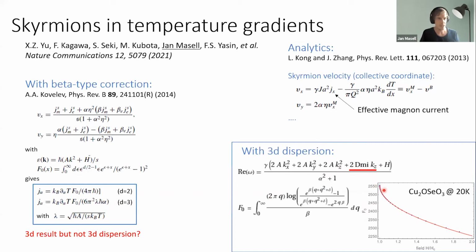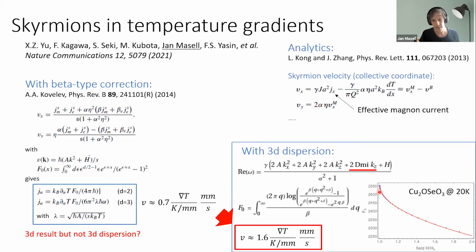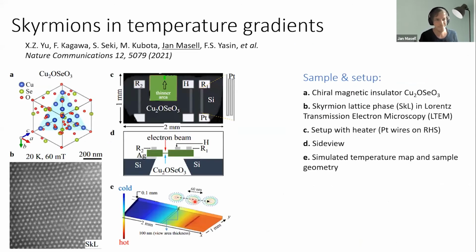That gives you an additional speed up close to the conical phase, or even inside the conical phase. And because of the speed up, you can calculate that the velocity of the skyrmions in, for example, copper oxide selenide at 20 kelvins would be 1.6 units instead of 0.7. I mean, that's not a huge difference, but it's a factor of 2.